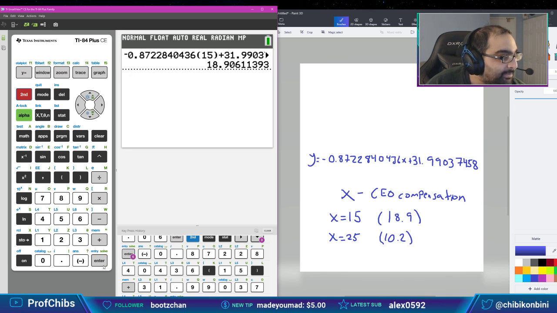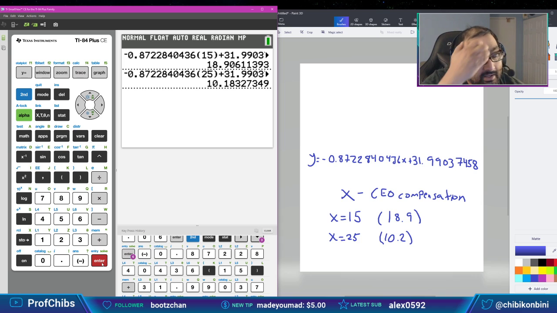Then I basically put in the same entry again as the last one and just changed that to 25, and there I got 10.2 as my second one. That's how I was able to do both of those pretty quick.